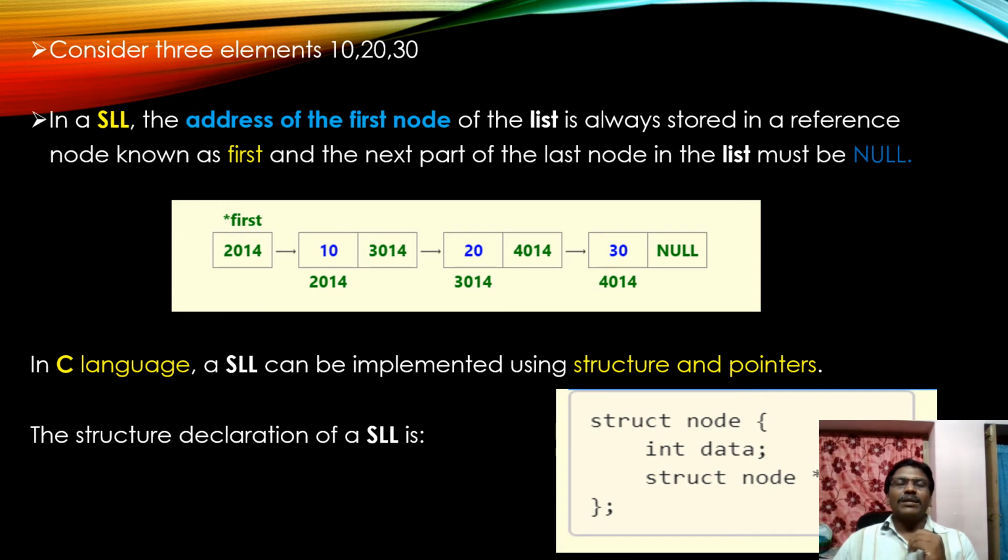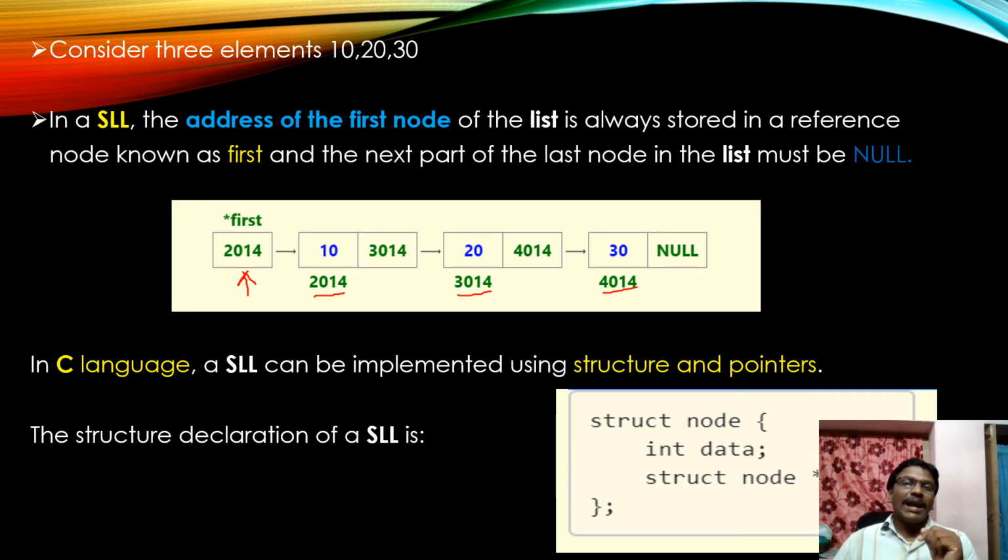In this example, the addresses are 2014, 3014, and 4014, because space is allocated randomly. That's why the data can be stored in different locations. It is linked through the next field, that is the address field.